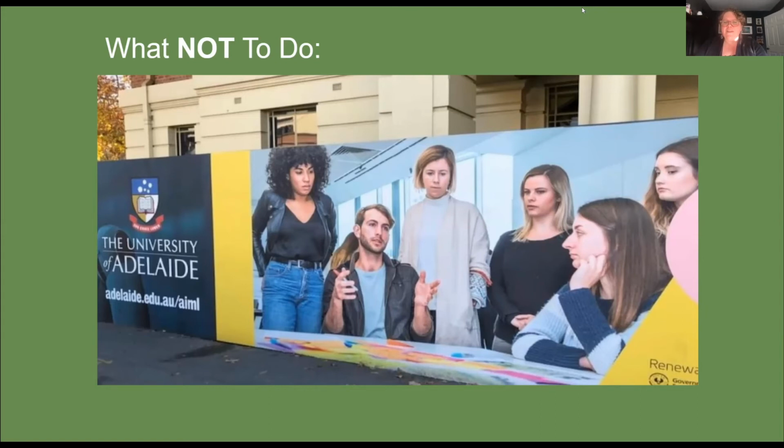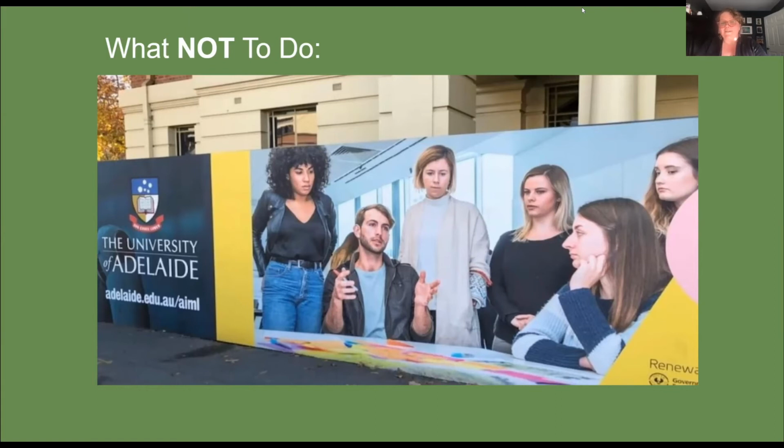So, we want to make sure that there's a diverse group of people reviewing materials before they go out. And my Twitter and Facebook feed was ablaze recently when this advertisement for a university in Australia was put up around town.